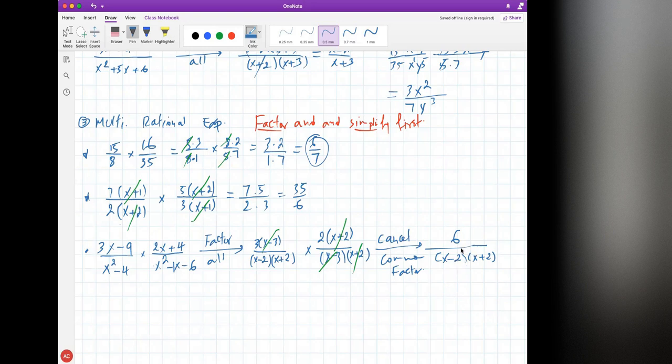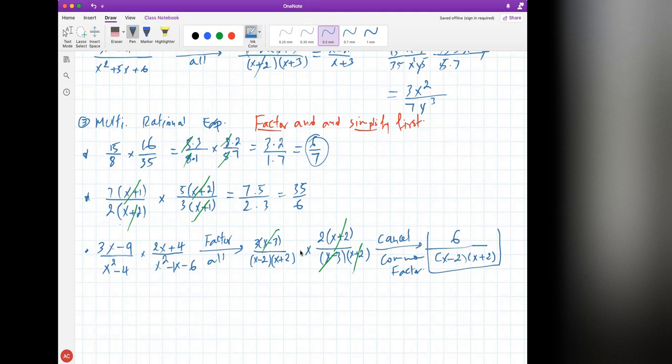No need to actually distribute and combine like terms. We prefer expressions to be in factored form, just in case you want to use them for something else, for another multiplication or another division, or maybe another addition. So that's basically the answer. So just cancel as much as you can by factoring first. And so all this now basically turns into something a lot simpler, just this.